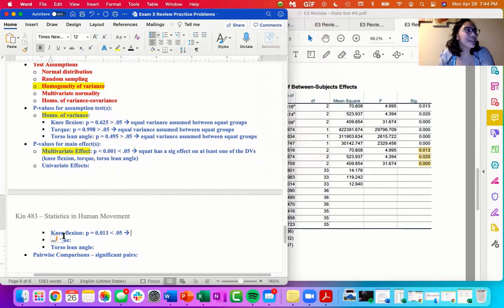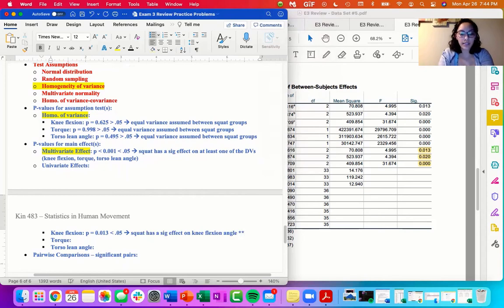How would we interpret the knee flexion p-value? Just significant. There is a significant effect. Yes, or a difference. So squat has a significant effect on knee flexion angle. All right.